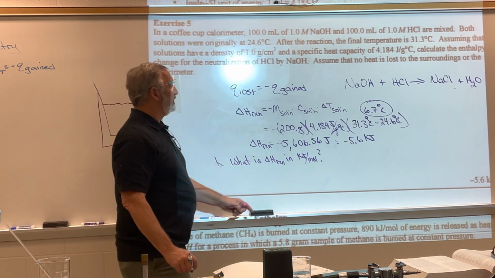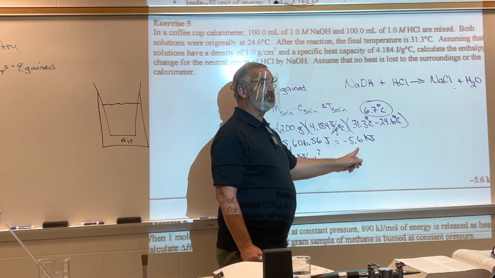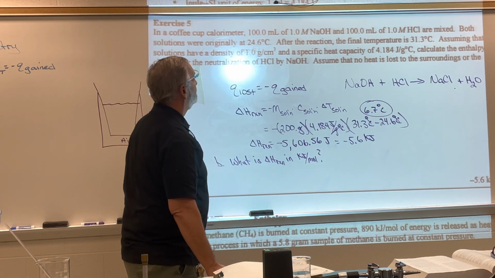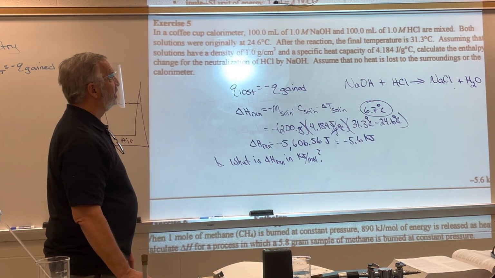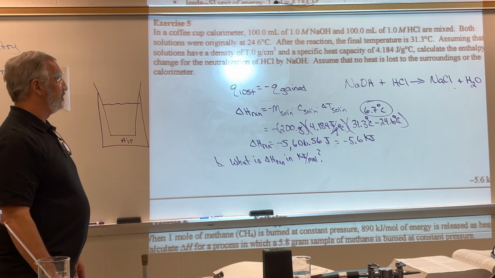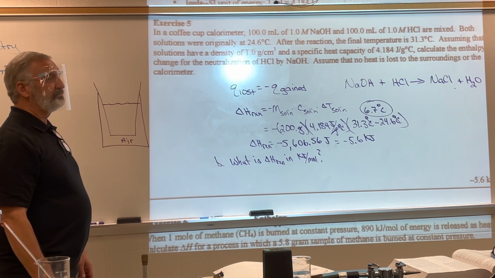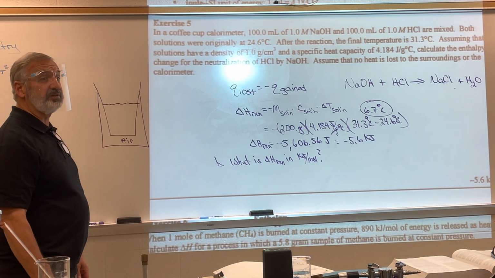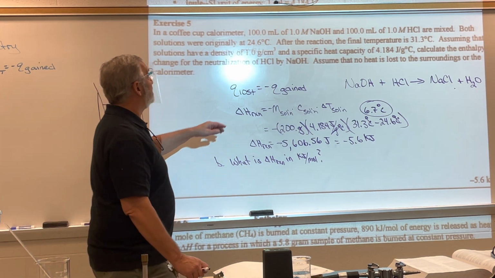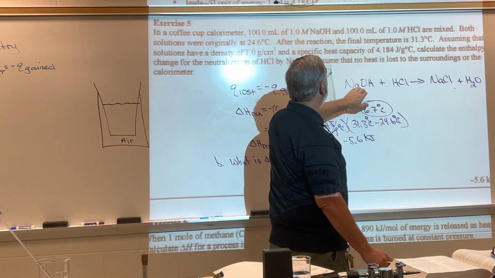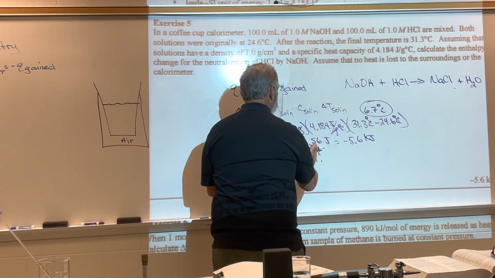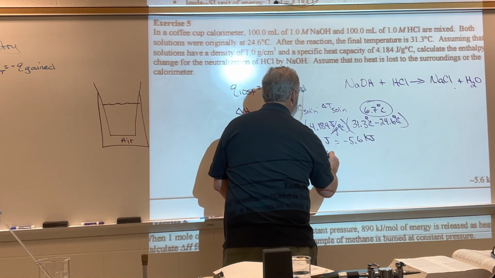This is kilojoules per how much? For 200 grams of the solution, right? But we have to do it in terms of moles of this one or moles of that one. So we'll do it in terms of kilojoules per mole of NaOH.